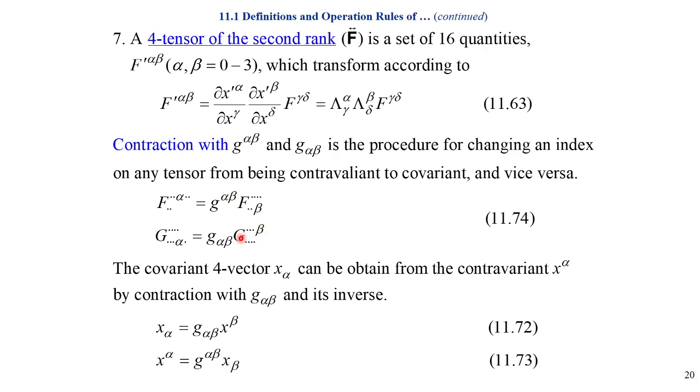On the other hand, if we want to lower the index, we need to contract with G alpha beta. The covariant 4 vector X alpha can be obtained from the contravariant. That is, covariant and contravariant can be obtained from the metric tensor. You can raise and you can lower. That's item number 7.